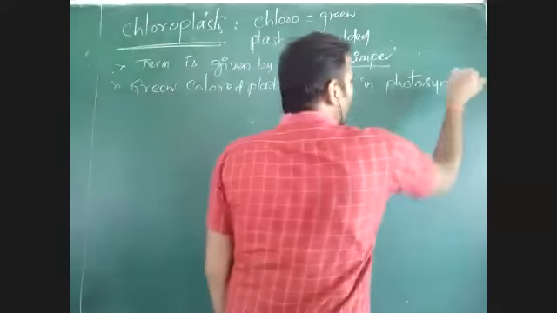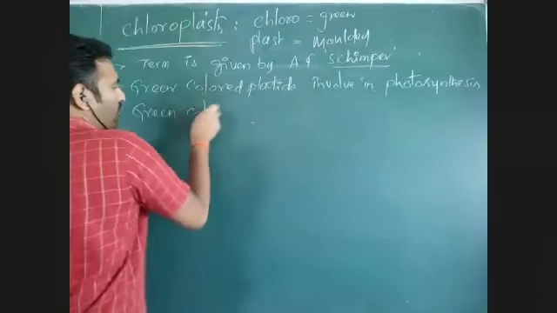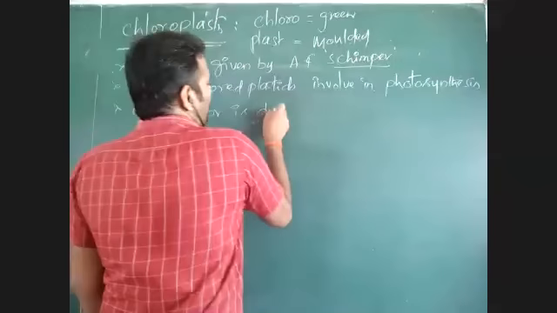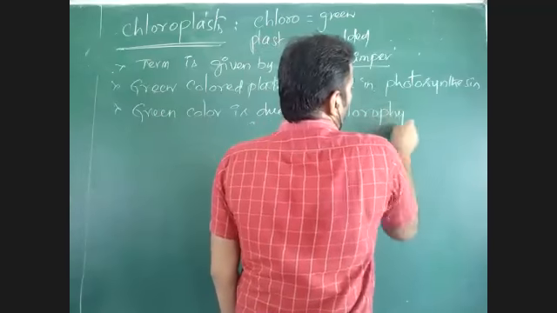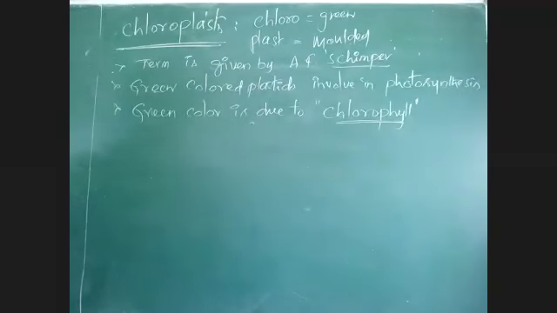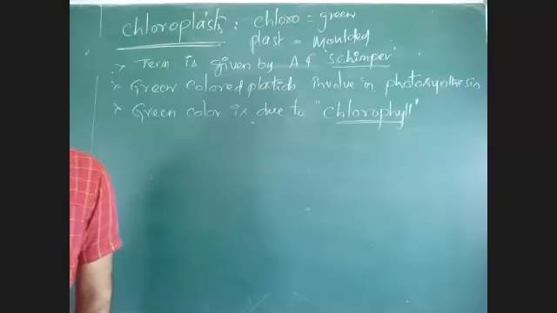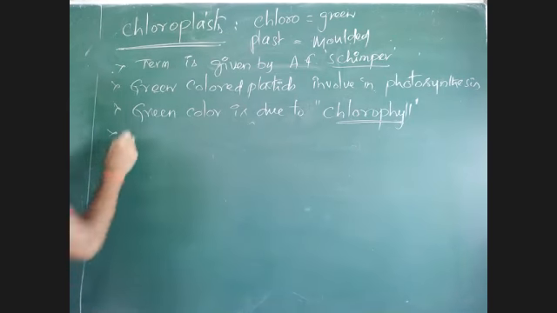Okay. Here, why green color? Green color is due to a pigment called chlorophyll. Chlorophyll is a green pigment present in chloroplast. That's why chloroplasts are green in color. And these are the second largest cell organelles.